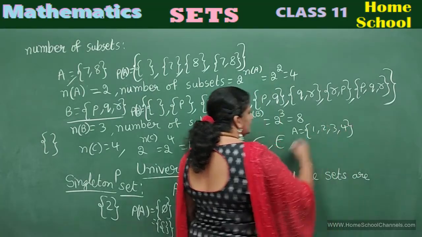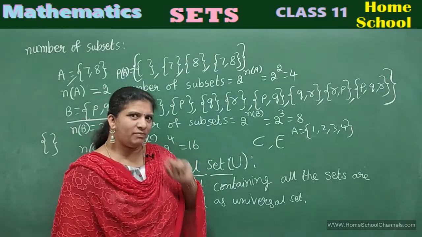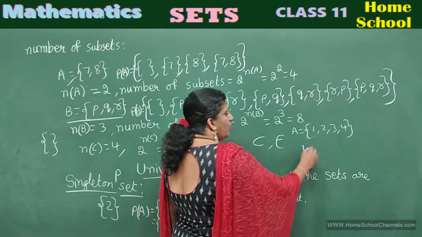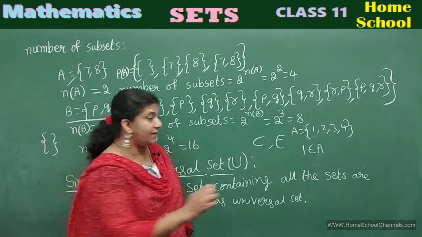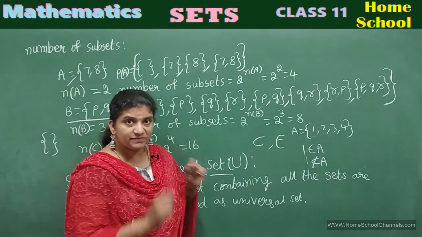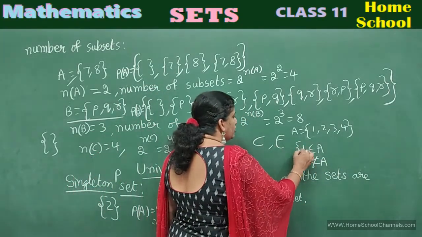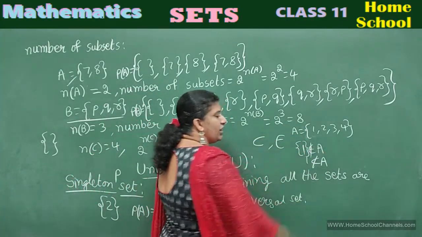Suppose I say only the element 1, you should say 1 belongs to A. You should not say 1 is a subset of A. When you enclose the number with a bracket, then you should not say belongs to.